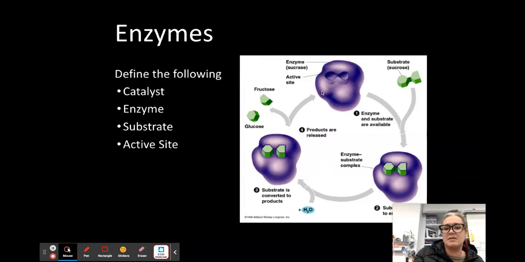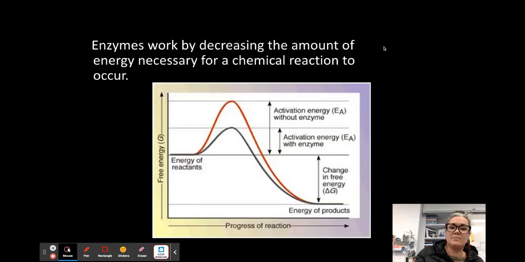This enzyme can then be used again for the substrate. So you can add more substrate, and the substrate will react with the enzyme. As long as there's water available, it will continue to break down sucrose. Enzymes work by decreasing the amount of energy that a chemical reaction actually needs to occur.